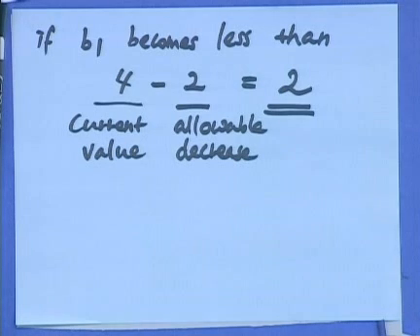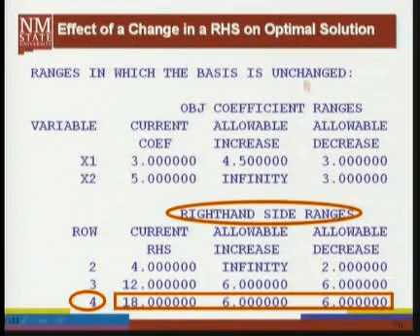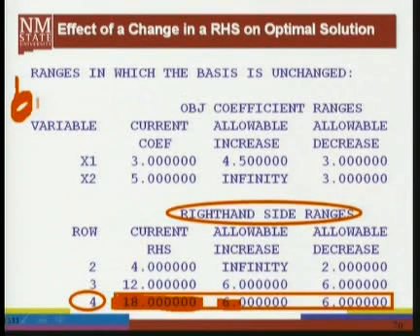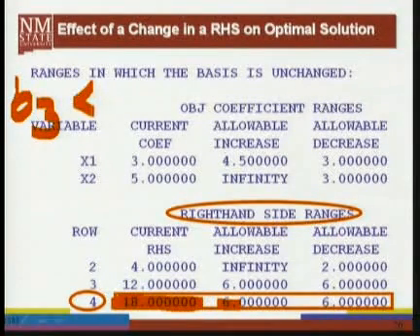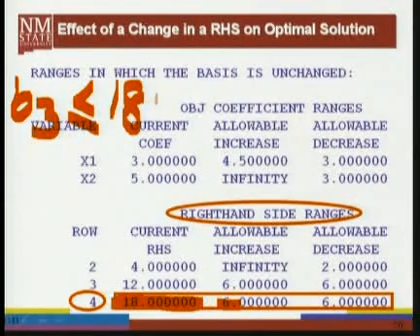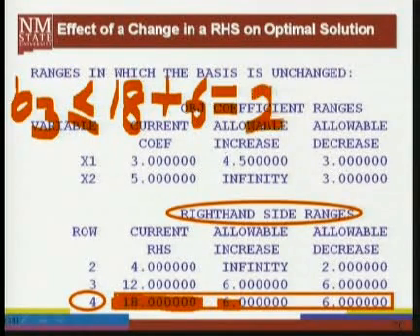And let's go back to the computer screen. Currently, B3 is 18, right? And the allowable increase limit is 6, which means B3 must be less than or equal to the current value 18 plus 6, which is 24, right?